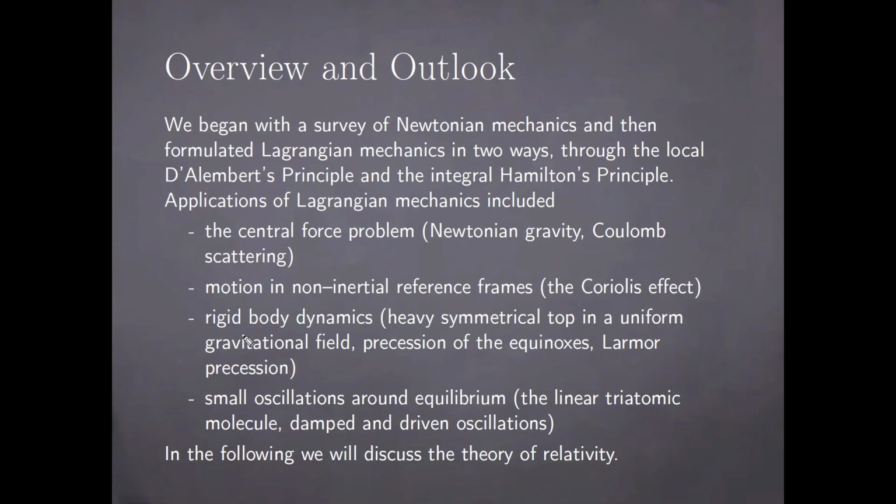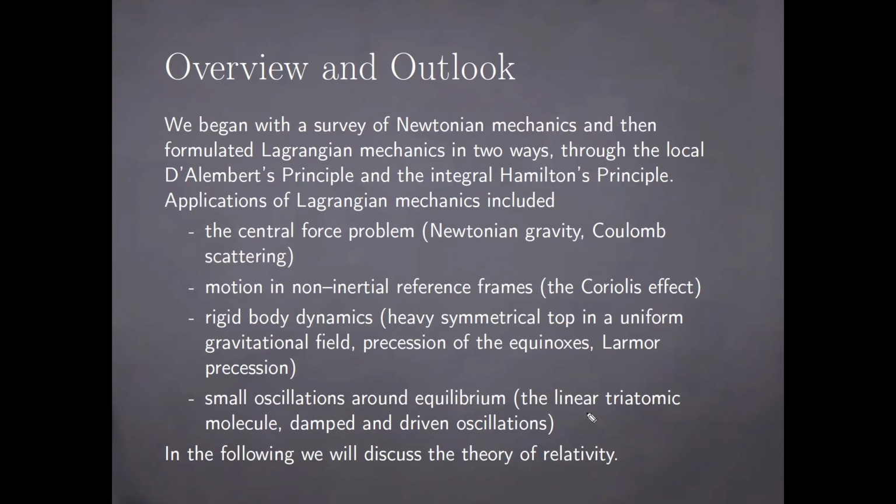We have looked in great detail at rigid body dynamics, with particular examples such as the heavy symmetrical top in a uniform gravitational field, the precession of the equinoxes, the Larmor precession in the magnetic field, and we have also talked about small oscillations around equilibrium positions, where the most important physical systems under study were linear triatomic molecules, and we have also looked at the situations involving damped and driven oscillations.